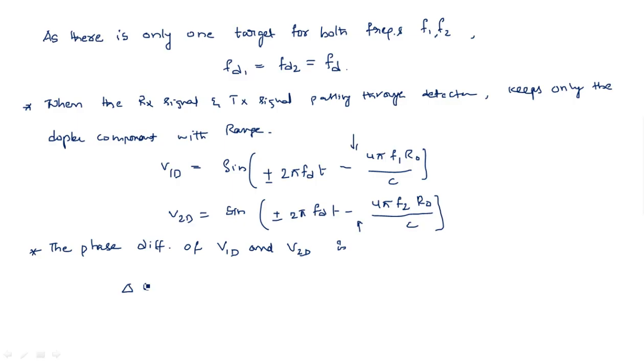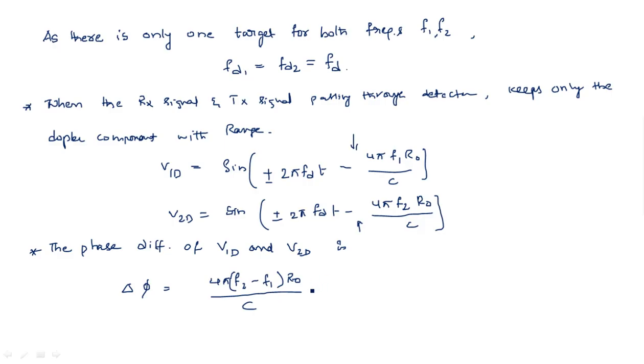So delta phi is equal to 4 pi times (f2 minus f1), because it is the first one minus the second one, so the second becomes positive. The remaining parameters are common, and we can take them common, and this is the equation.